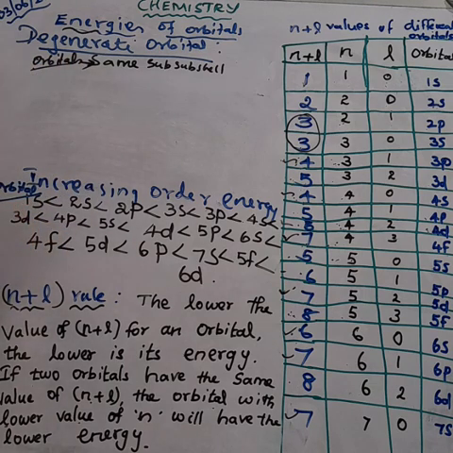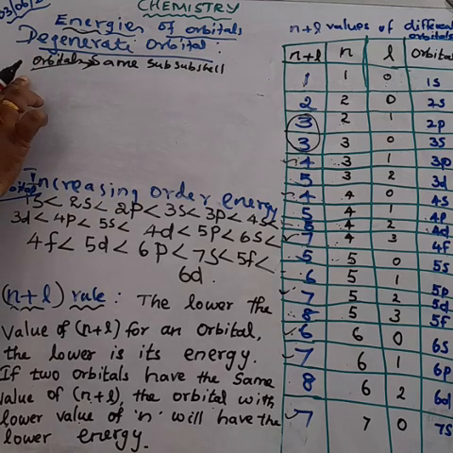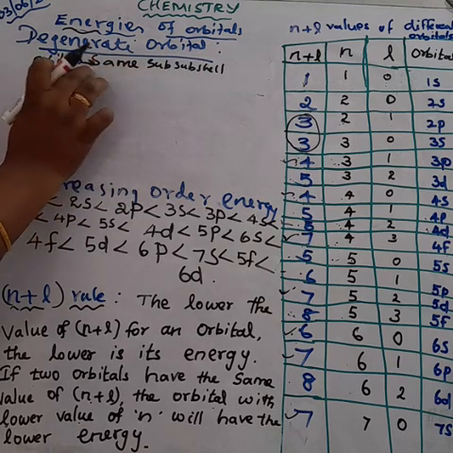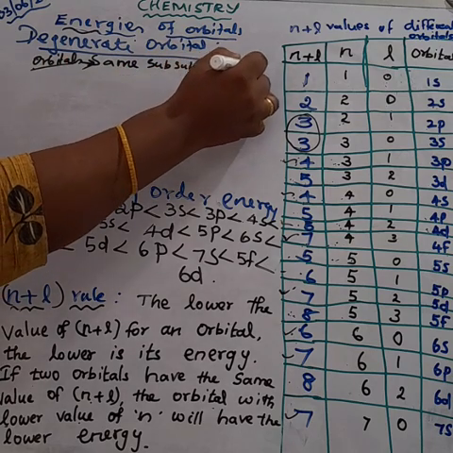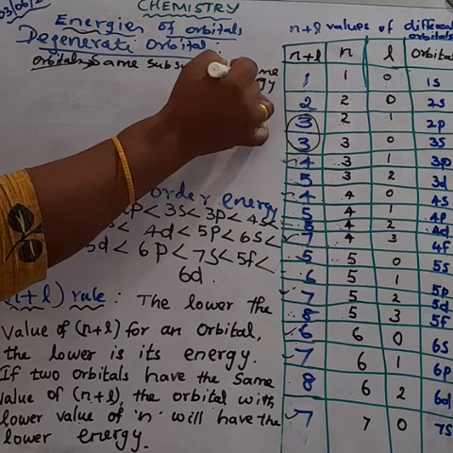So in the absence of any external energy, all the orbitals of the same subshell of an atom have the same energy. That is called degenerate orbitals.